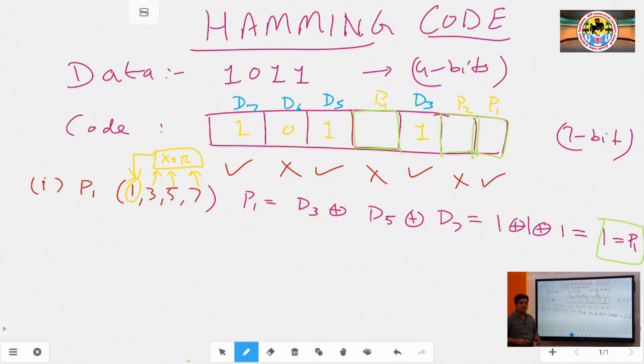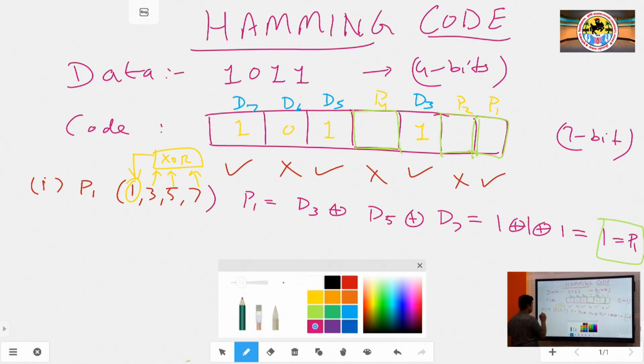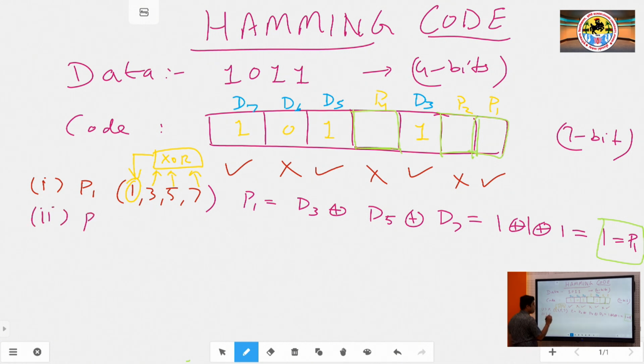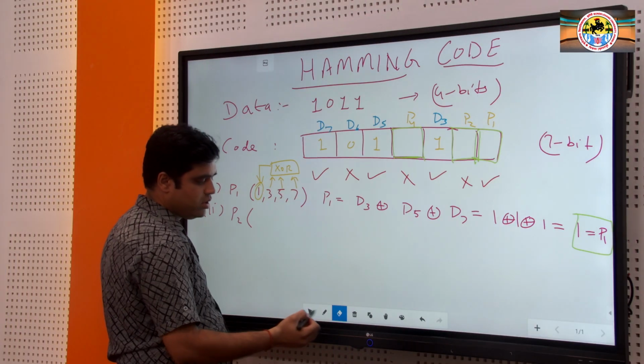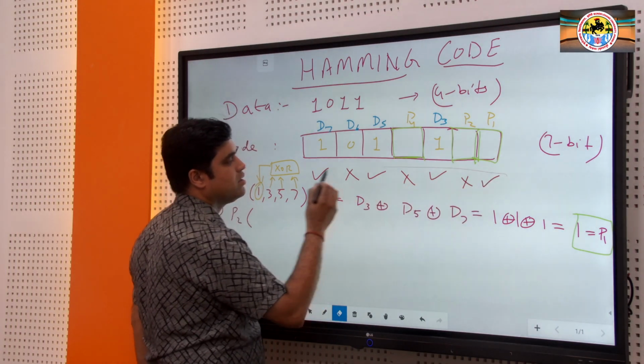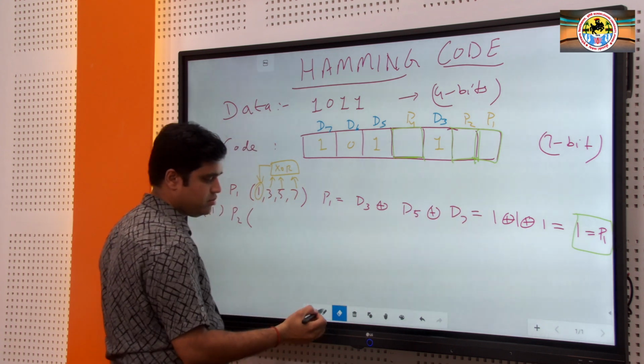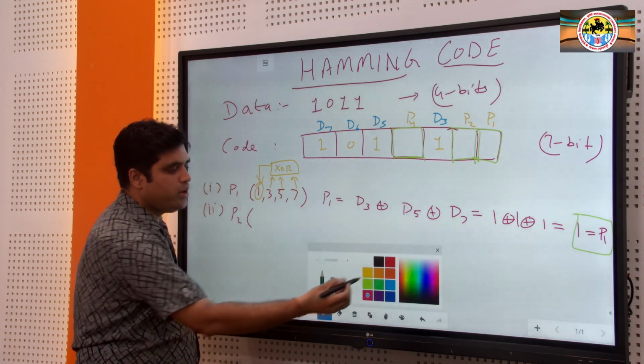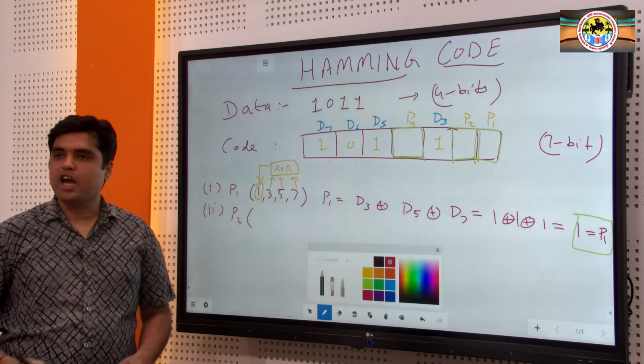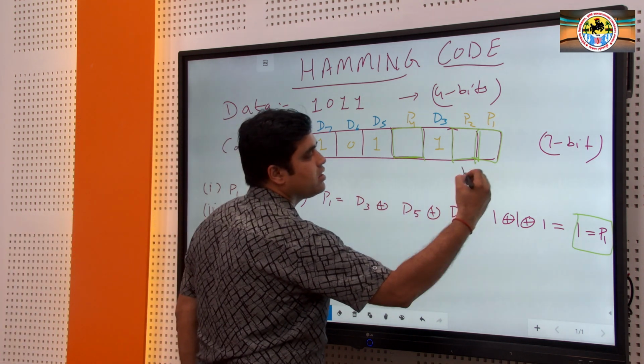Similarly, we can calculate P2 and P3 like this. Step 2, for P2, what will be the group? This is the procedure for P1. For P2, let me erase this. For P2, we just stand at position 2, that is here.